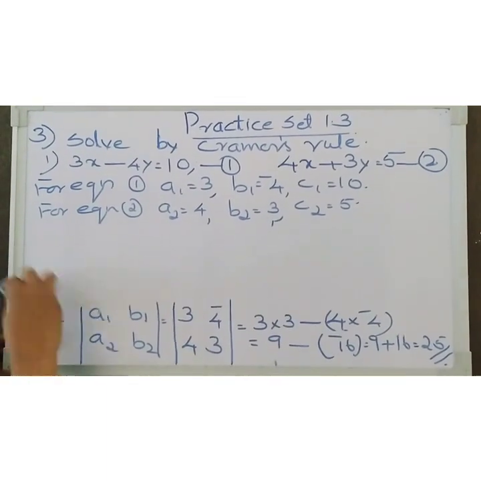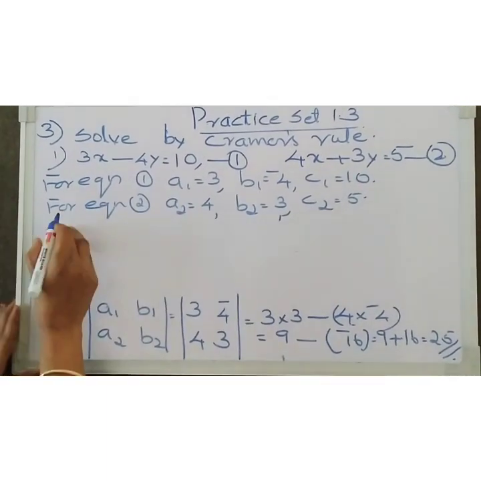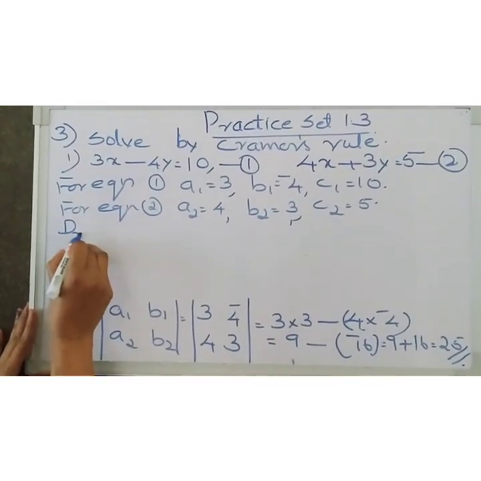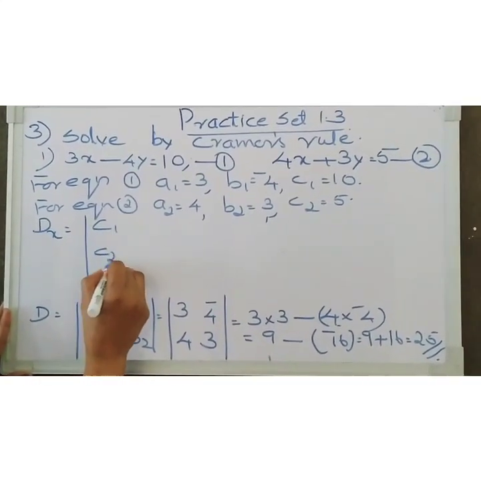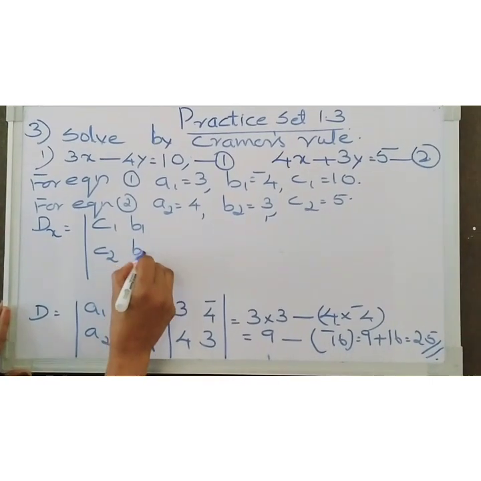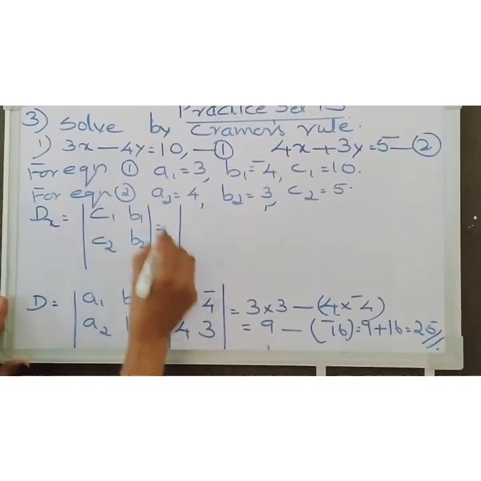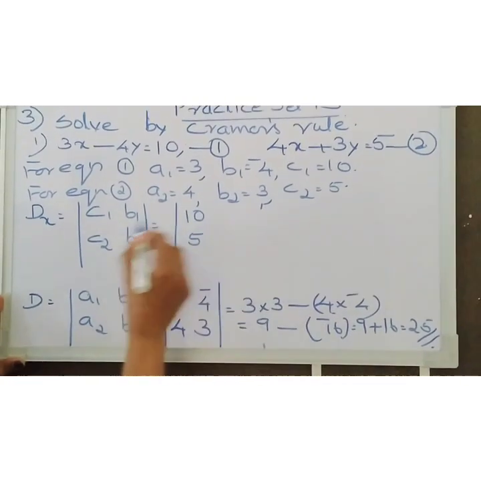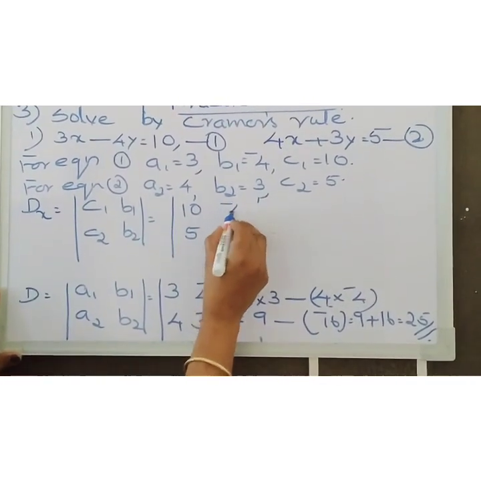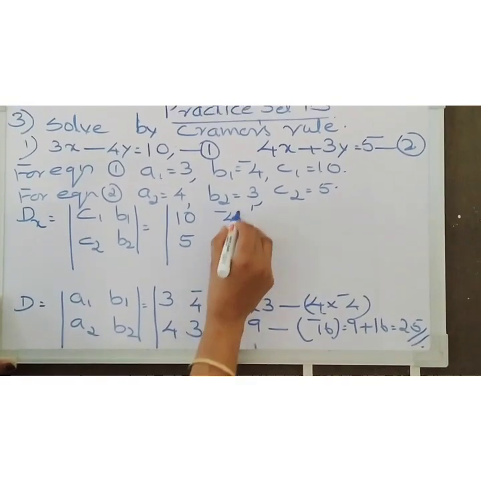Next, to find dx. Dx is equal to the determinant of c1 c2 and b1 b2, that is 10 and 5, and b1 b2 is negative 4 and 3.